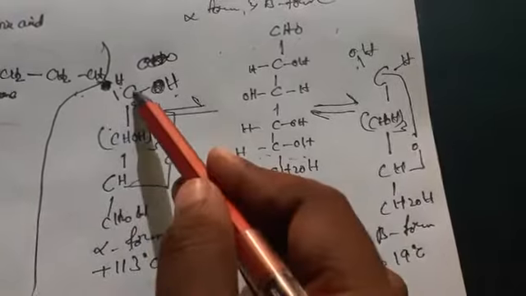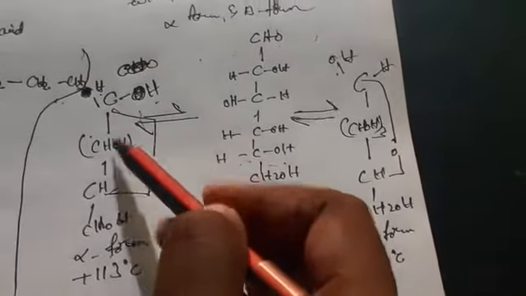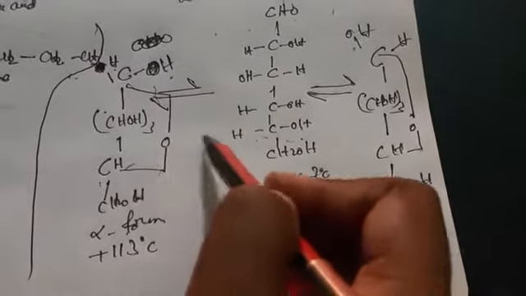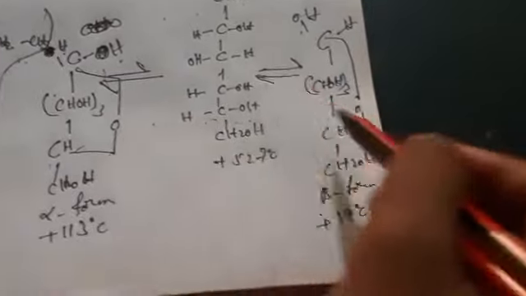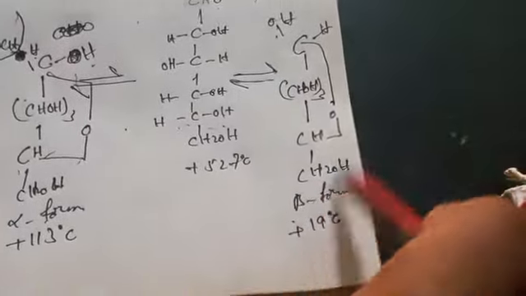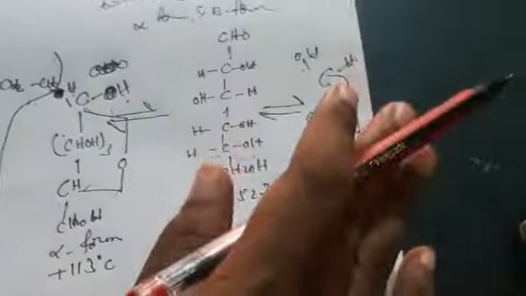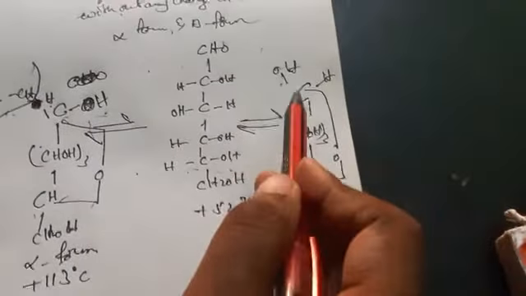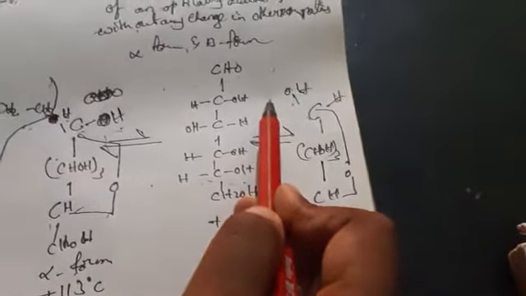The remaining 4 carbons complement, this is the 5th carbon, so there will be a formation of a bond. The same thing happens here also, but you have to see that in the alpha form the OH is on the right side, in the beta form the OH is on the left side.